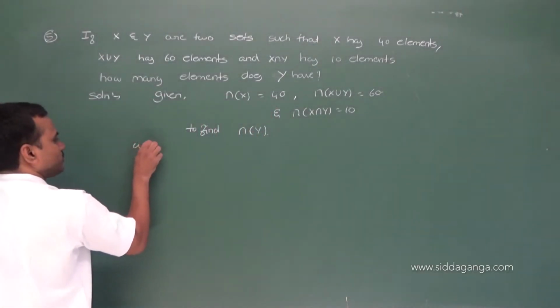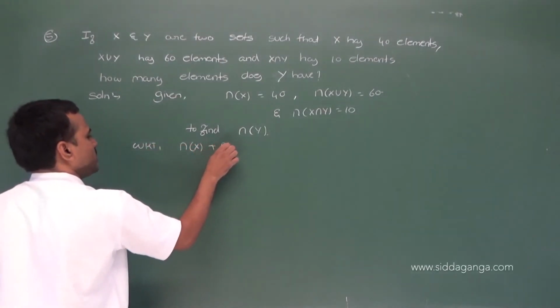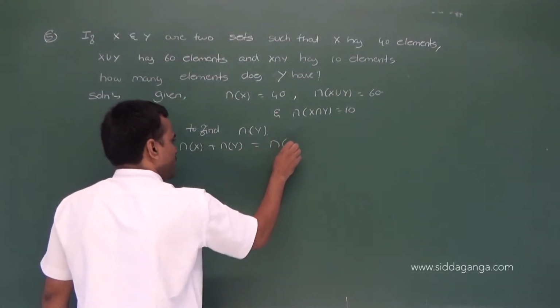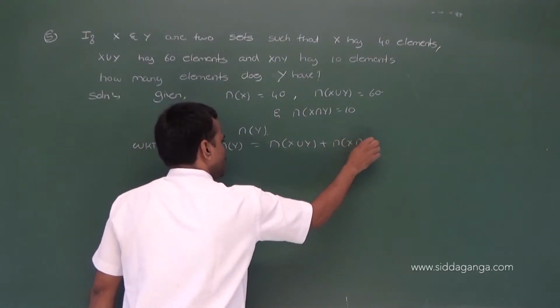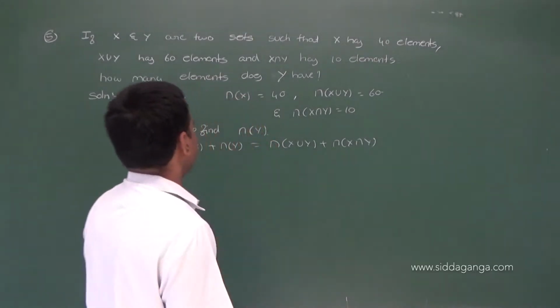So we know that n of X plus n of Y is equal to n of X union Y plus n of X intersection Y. Substitute all the values.